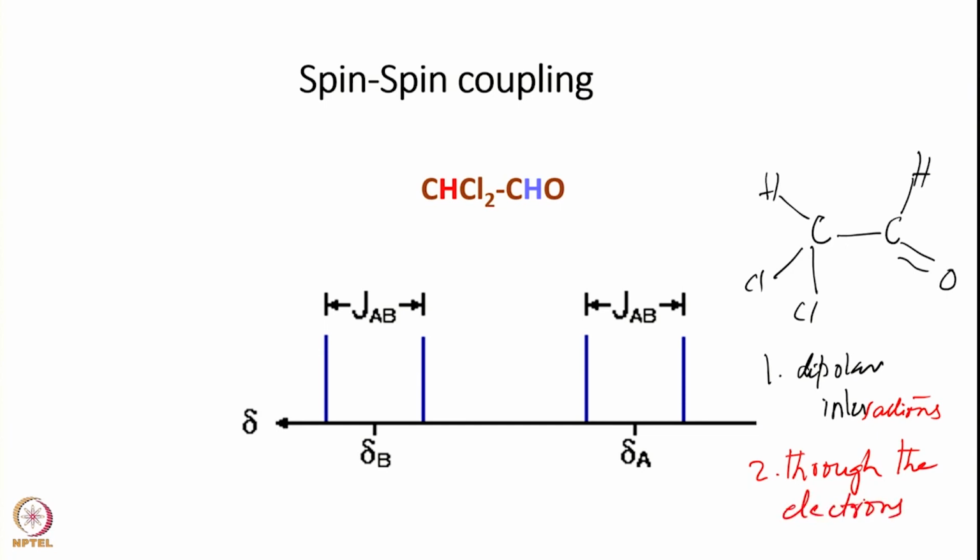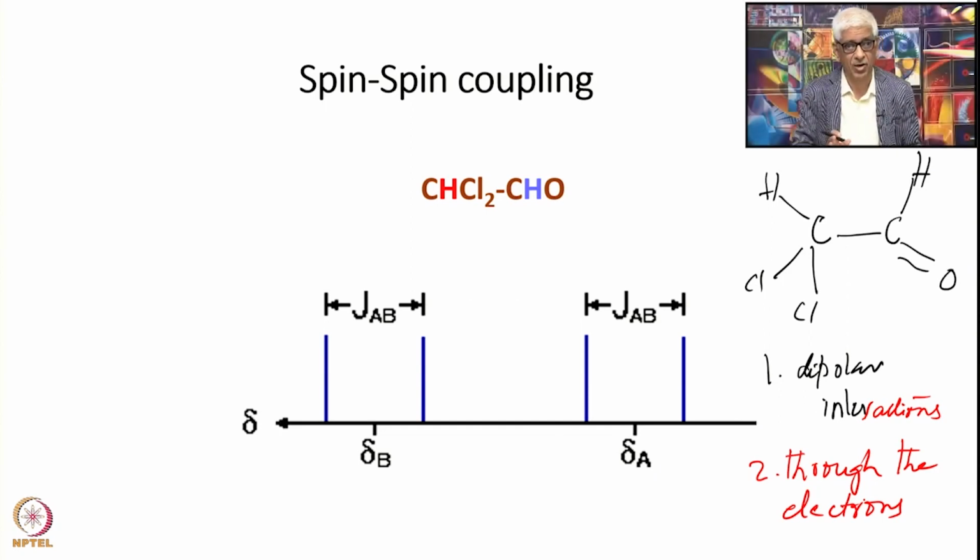Now, dipolar interaction is a separate story. This is actually most applicable in the case of solid state NMR and relaxation phenomena, and we will also talk about it a little bit later. And mostly for what we see in organic molecules or small molecules, these are the interactions through the electrons, and this is also called J coupling. This spin-spin coupling is called J coupling.